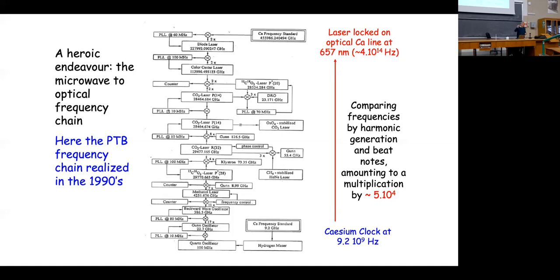One line, you just focused on one line of calcium or one line in methane, and you spent years to measure the frequency. Now, on a tabletop experiment with the frequency comb laser, you can do this measurement on any line at a cost which is much smaller, not only in money, but in time, and it's really fantastic. But this was the state of the art back in the 1970s.